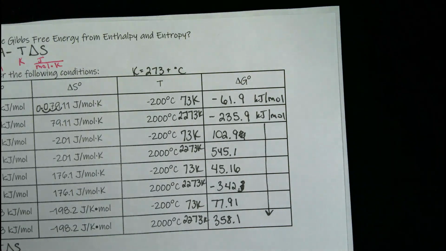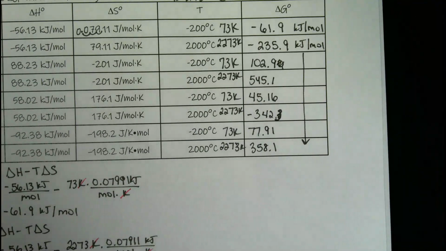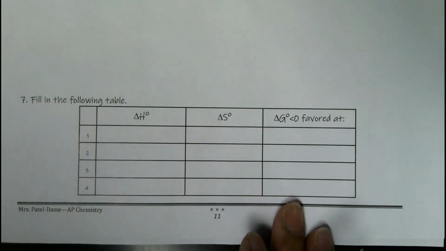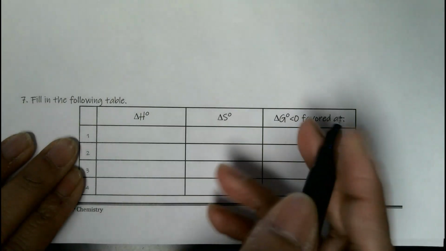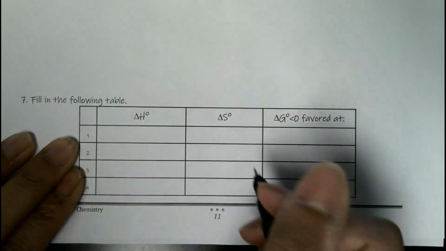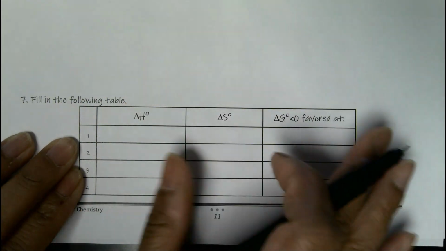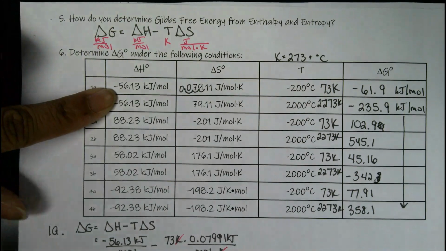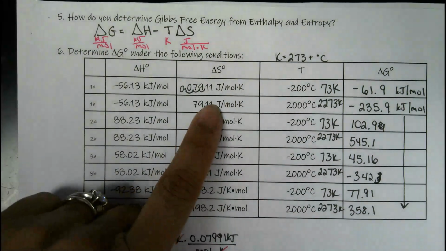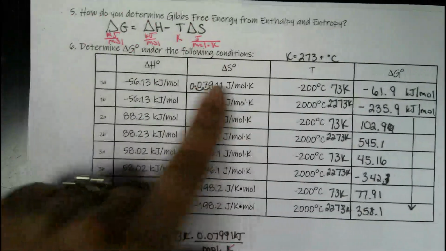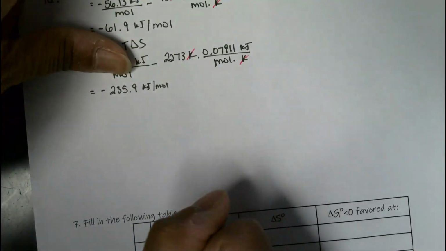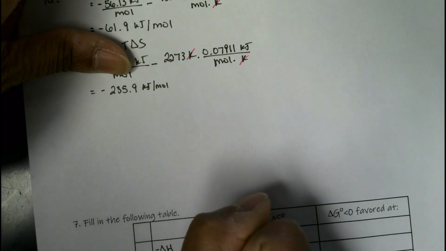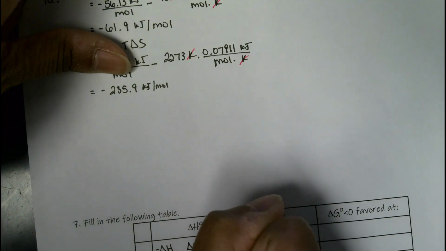So what I'm trying to find here is what happens to delta G with delta H and delta S. So down here, I have delta H. Let's figure out first what happens when it's less than 0, meaning when delta H is a negative value, and then delta S is a positive value. So I'm taking from number 1, negative delta H. So I'm saying that delta H is less than 0.